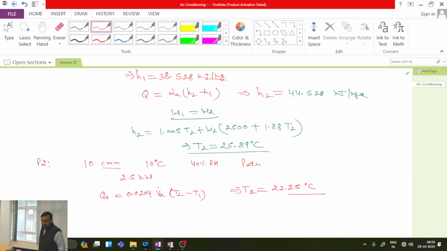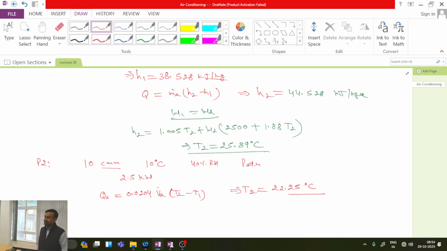The assumption was that density 1.2 kg per meter cube I had used, under which conditions? Standard temperature and pressure. Pressure is standard, temperature was 20. Now temperature is how much? 10. And what was relative humidity in that formula? 50%.